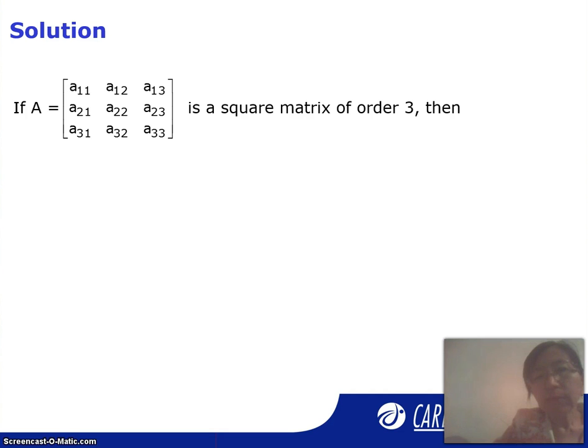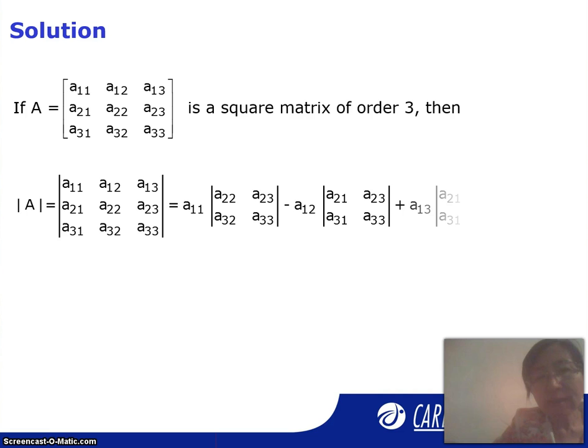If A is a square matrix of order 3, then determinant A will be equal to the expansion of the elements you can see on the screen. At first, we will consider elements lying in the first row A11, A12 and A13.